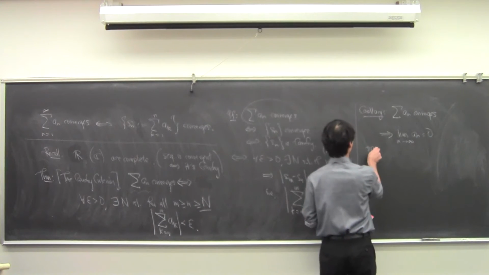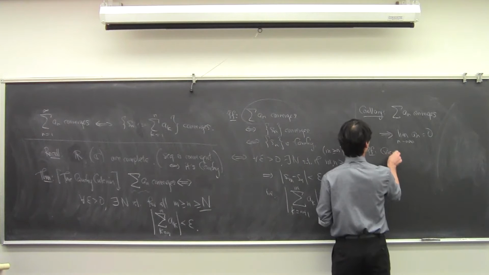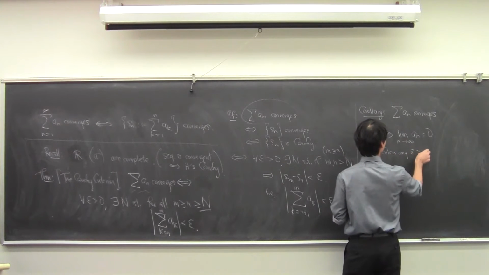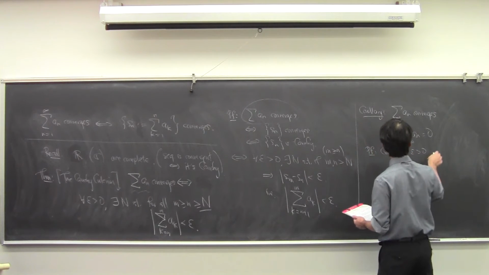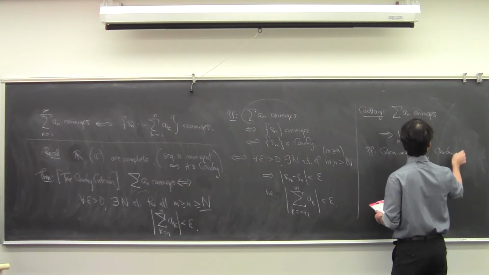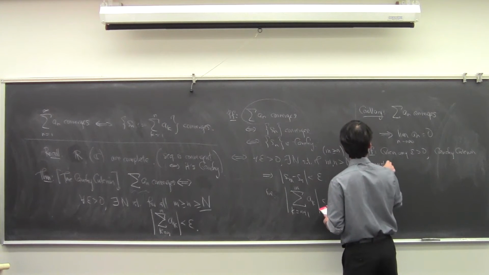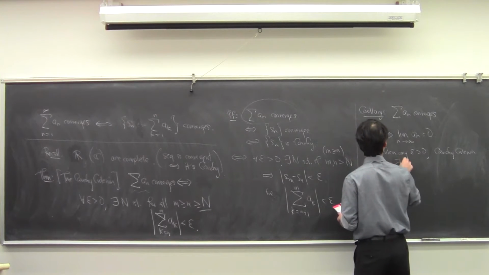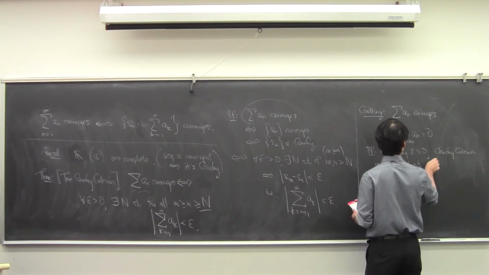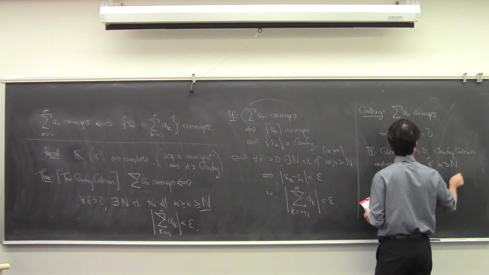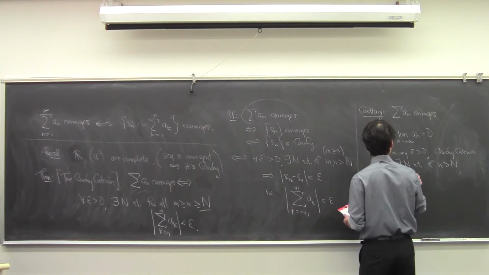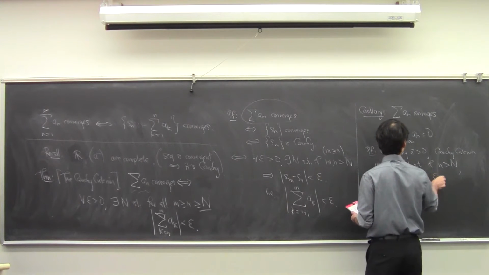So given any epsilon, the Cauchy criterion implies there exists an n such that if n is bigger than n, then the absolute value of a sub n is smaller than epsilon.